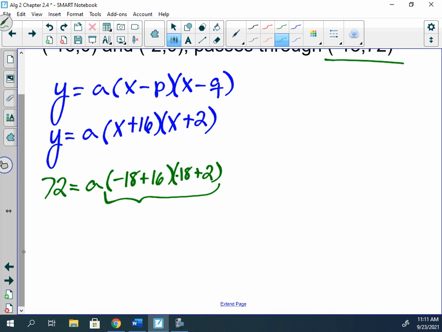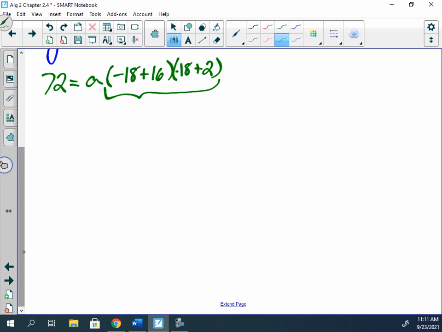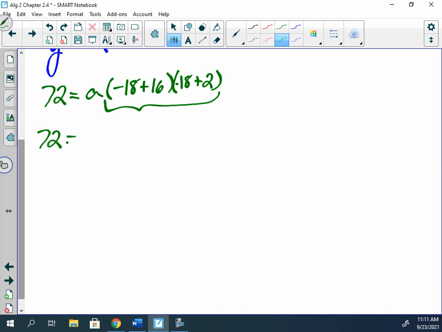Is there any real point to doing both of those individually and then multiplying them together? Well, no, we can just type the whole thing in and let the calculator do it for us. Because if we did it by hand, negative 18 plus 16 is negative 2. Negative 18 plus 2 would be negative 16. And if we multiply all that together, we should get 32a. But the calculator would have done it for us.